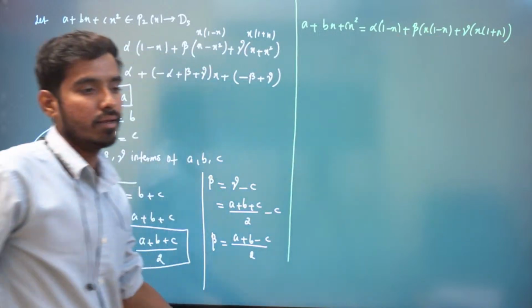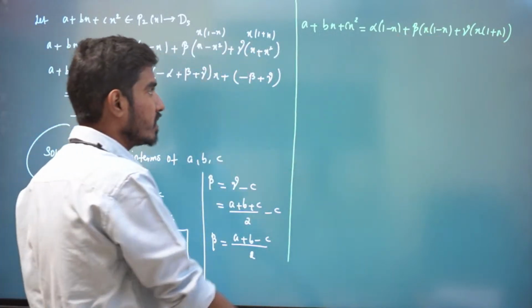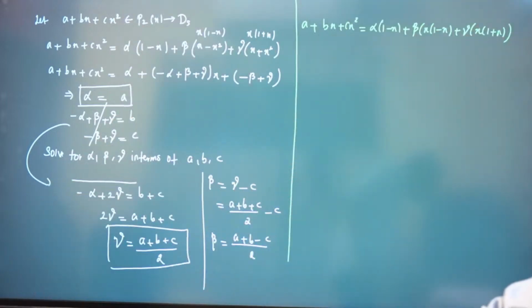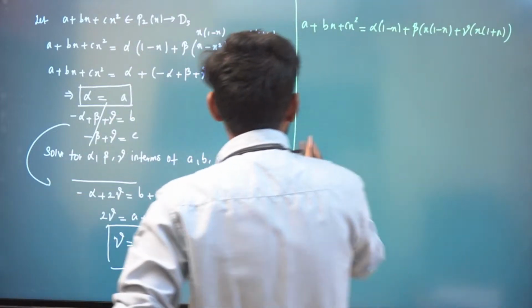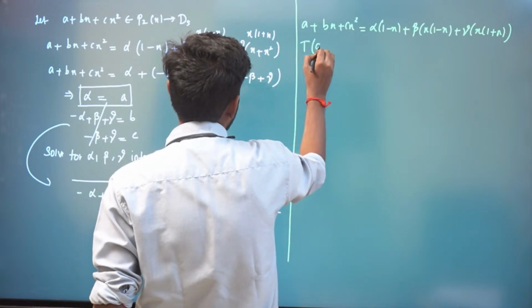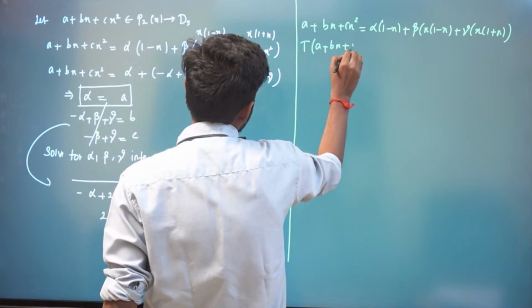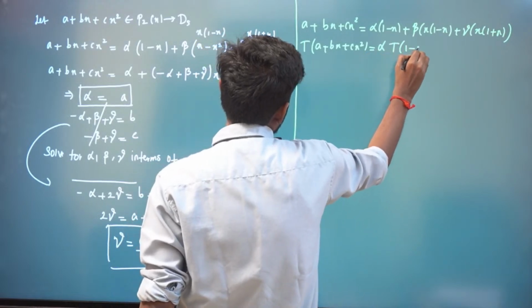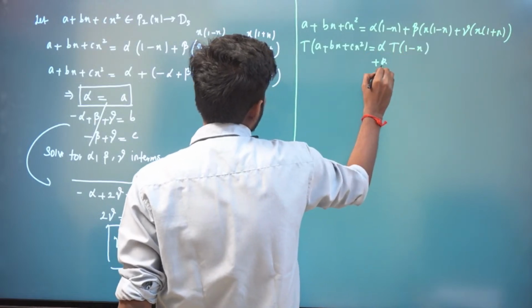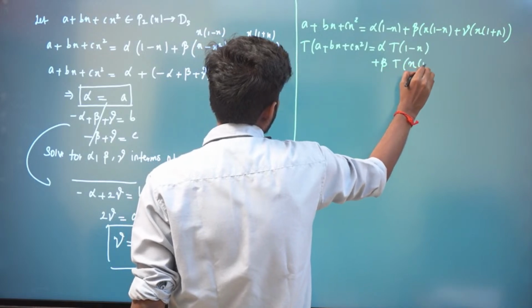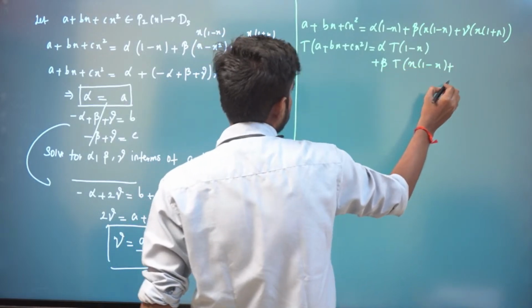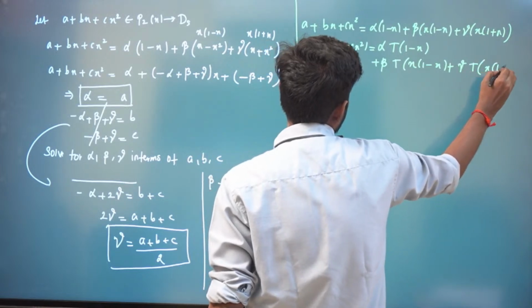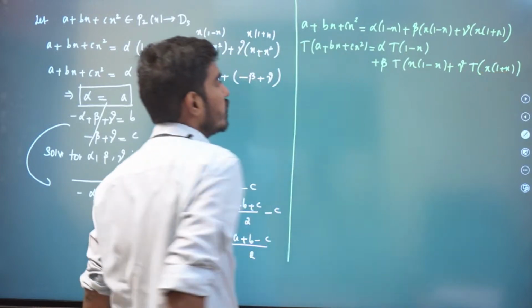We'll substitute later. Now we apply T on both sides. Same thing that we did there, we are doing here also. Don't think it is different. Now apply T on both sides. So T of a plus bx plus cx square is equal to alpha into T of (1 minus x) plus beta into T of x(1 minus x) plus gamma into T of x(1 plus x).